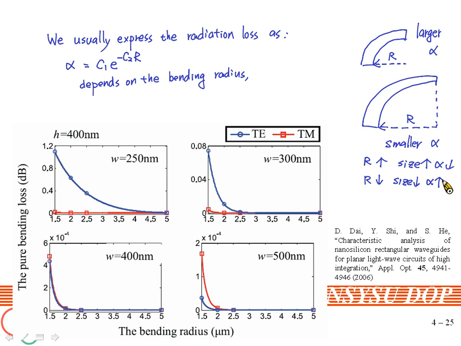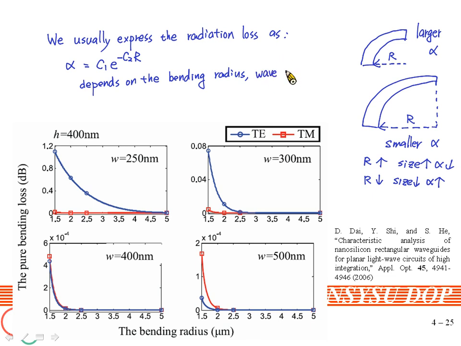Besides, we have the parameter C1 here, which will affect the value of alpha, and alpha will also depend on the waveguide size.